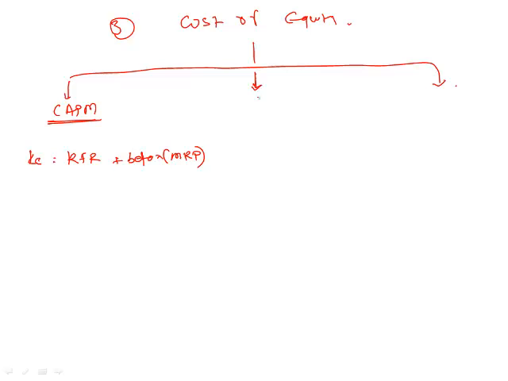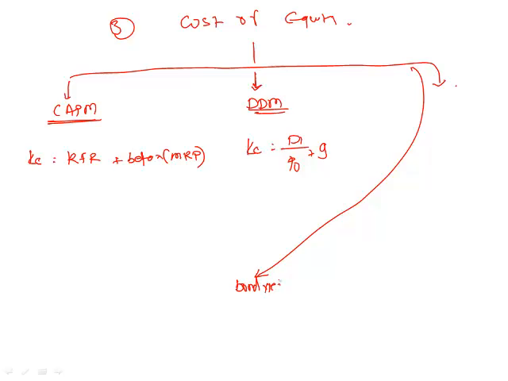The second approach is the dividend discount model, where cost of equity is equal to D1 divided by P0 plus G. And the third approach is bond yield plus risk premium: YTM on a bond plus risk premium.